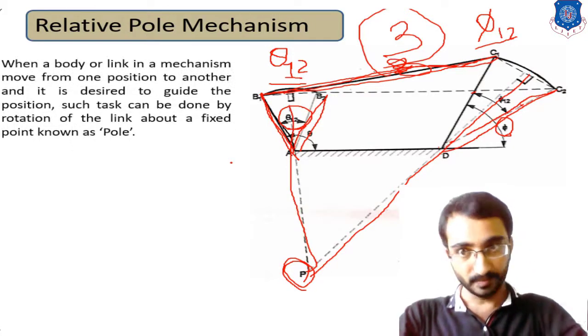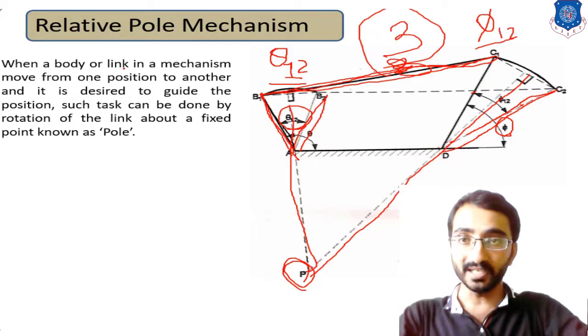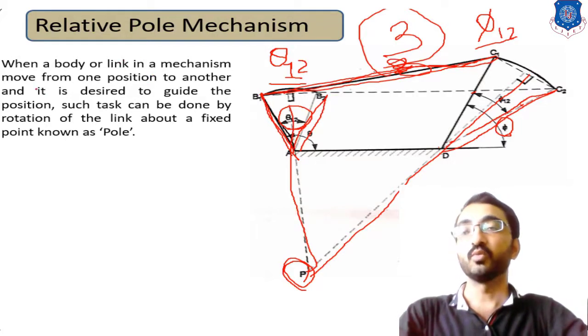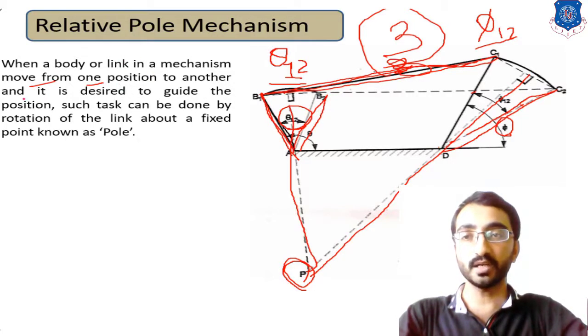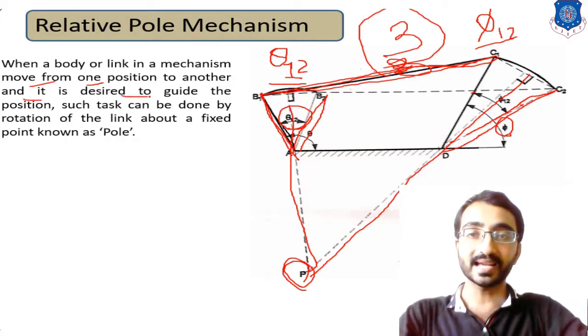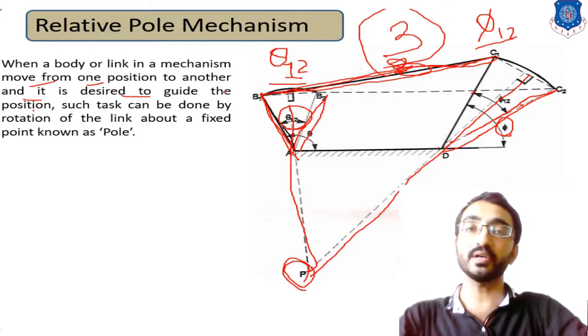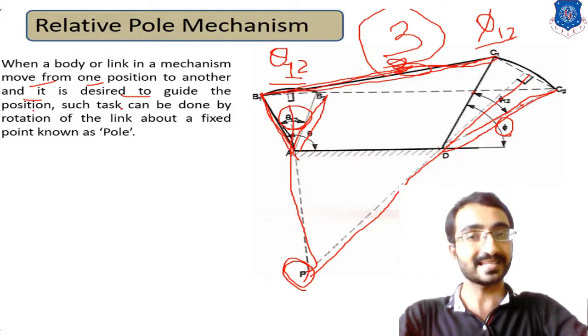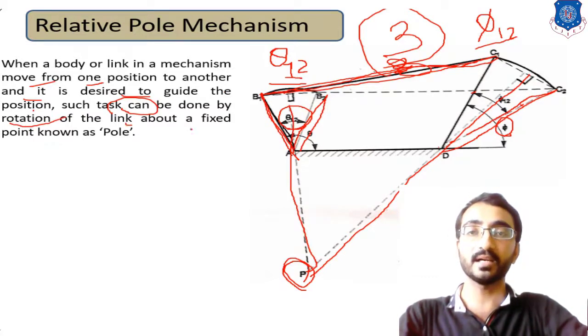Okay, so simply we can say that when a body or a link in a mechanism moves from its first position to another position, and it is desired to guide how it is occurring, then such a task can be fulfilled by simply considering the rotation of the link about a fixed point, which is known as a pole.